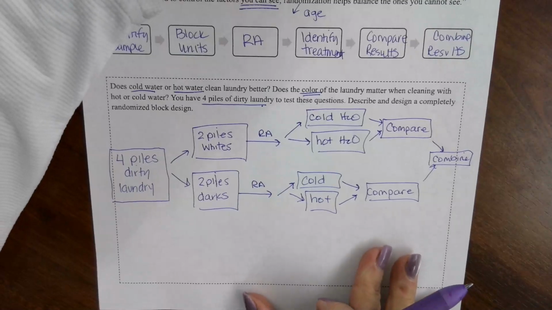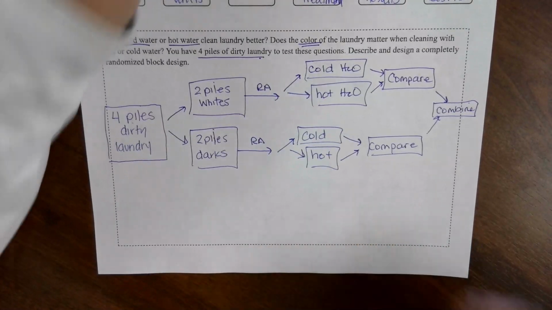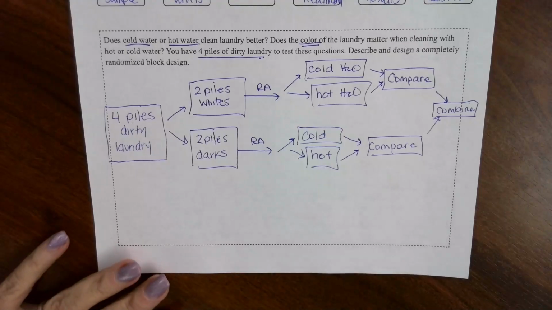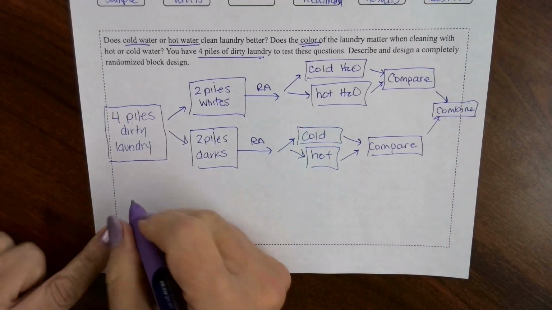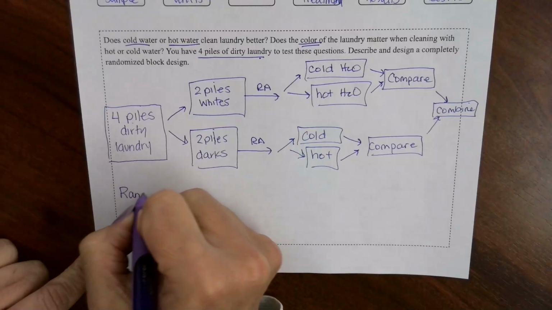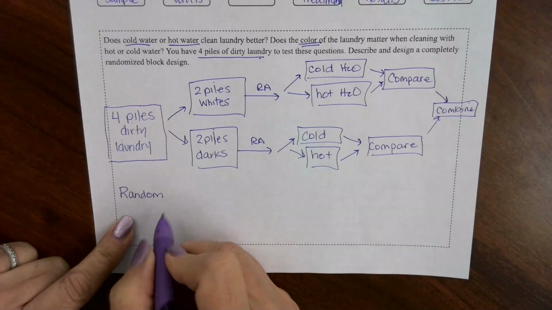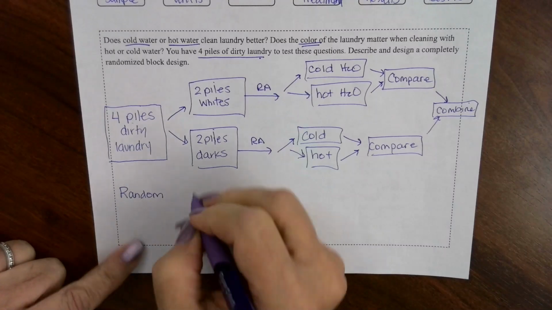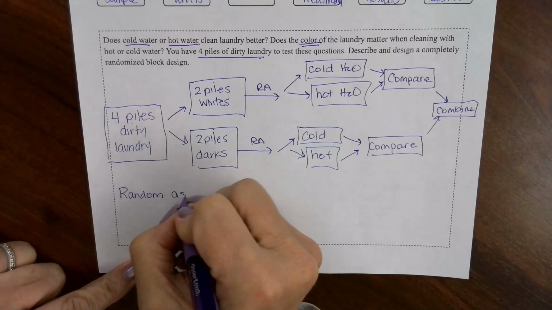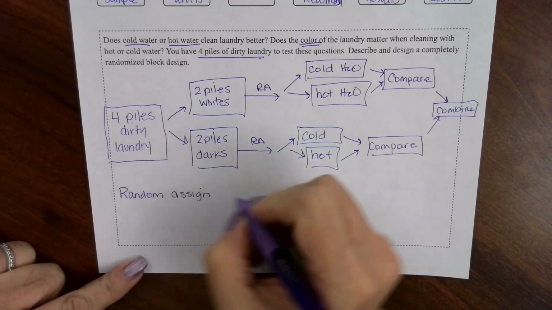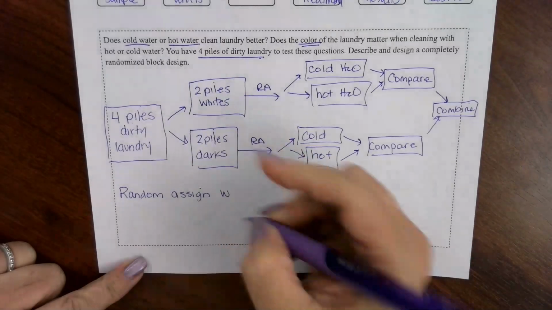So when we talk about our random design on this, what's important is that we identify our random assignment. So how are we going to do this? I'm going to do something different on this.